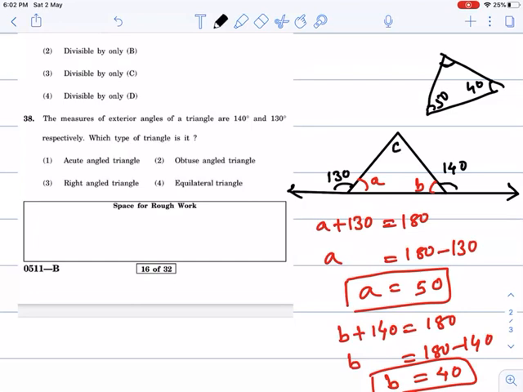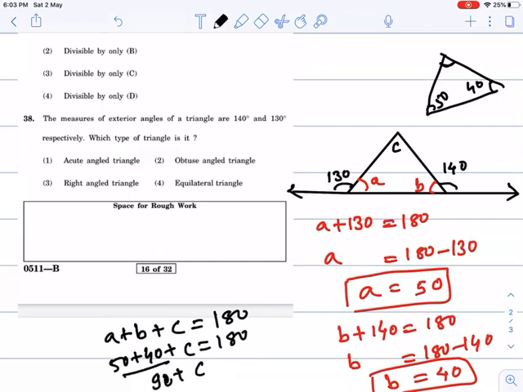I will write this angle as C. So A plus B plus C is always equal to 180. Now A value is 50, B value is 40. What is the value of C? So 90 plus C is equal to 180. Therefore angle C is 90.